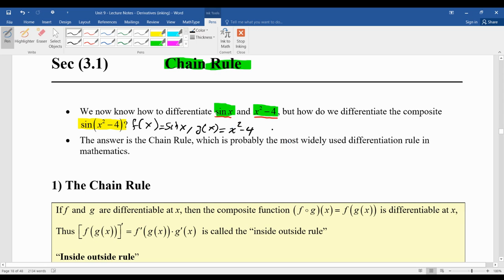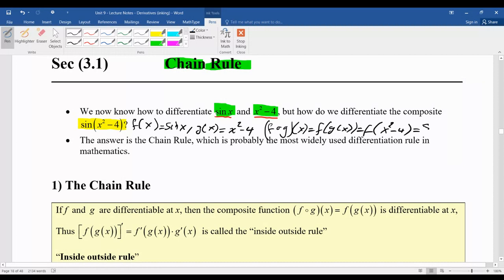So when we take the composition f of g of x, we know that g of x is x squared minus 4, and f of x squared minus 4 is found by substituting x squared minus 4 for x in the function f.